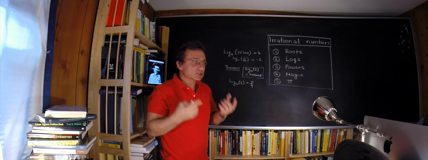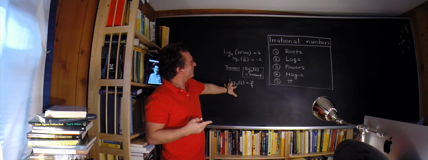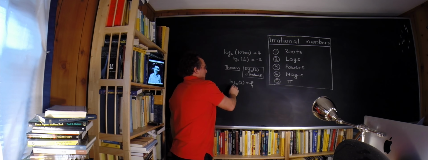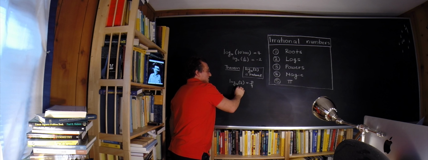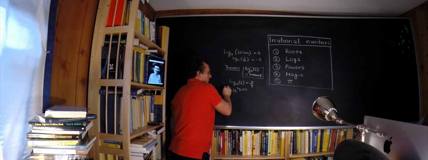But now we don't square, we just invert the log. How do we invert the log? We take both sides to the power 10. 10 to the power of log base 10 of 2 is equal to 2.